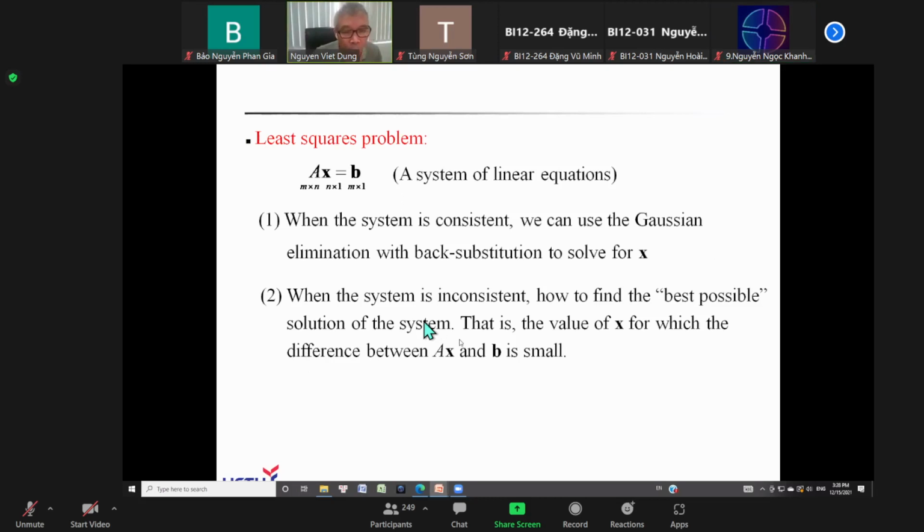It means that we need to find a column X so that AX is as close to B as possible. So we need the difference between AX and B to be the smallest possible.